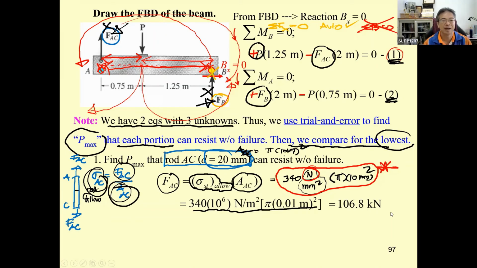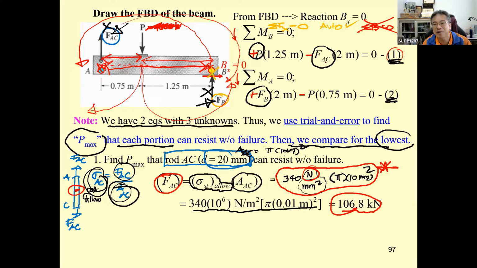What it means is, if you want to produce failure at the rod, the P over here must be 106.8 kilo... no, not yet. The P is going to be computed by this equation. You are going to find F sub AC, right? So F sub AC is 106.8.